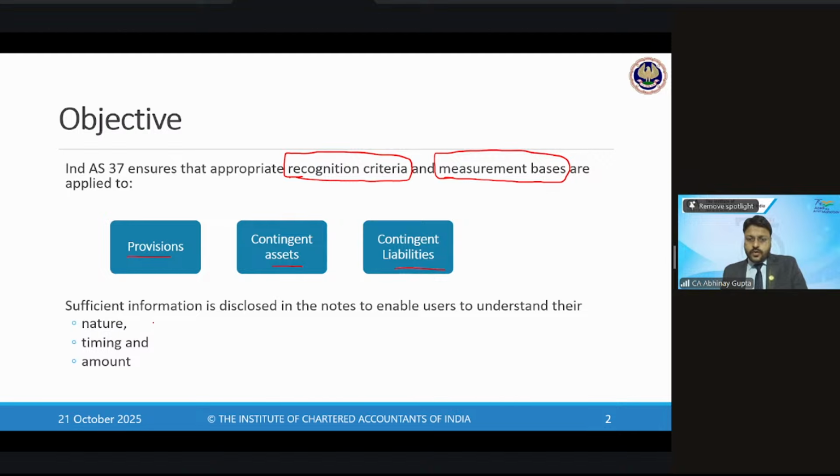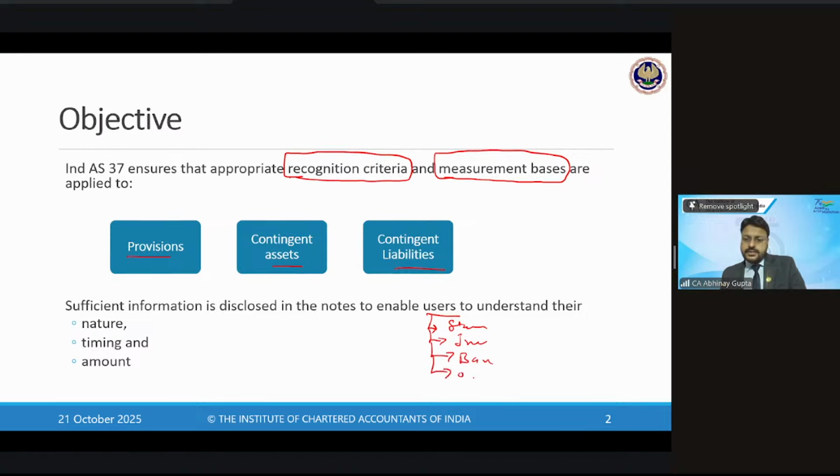So what is the information which will be disclosed? The purpose of that information is to enable the users. Who are the users? Users of the financial statements. It could be stakeholders, right? It could be investors. It could be bankers, right?